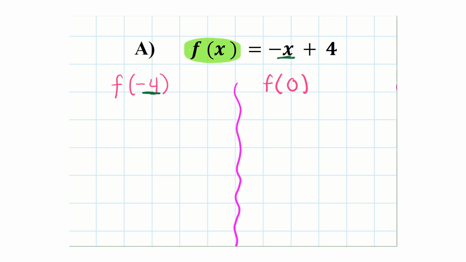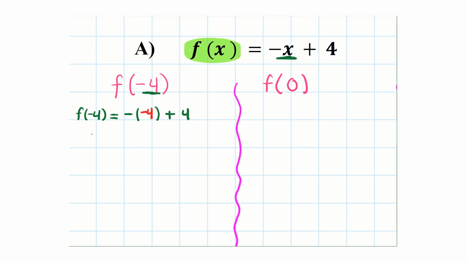All right, so let's go ahead and find out what f of -4 is. Notice how the name of the function has x inside, but since we're replacing it with -4, all we're going to do is, in our rule, replace x with -4. So it's going to go into our rule and come out as another number.